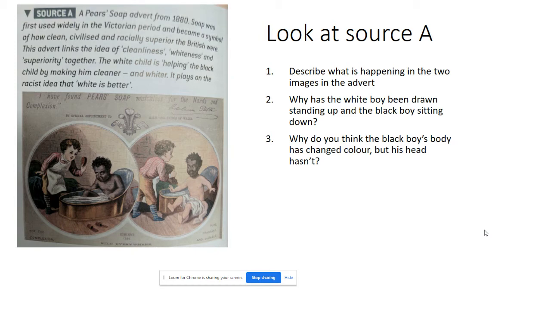Even your household products use the ideas of superiority, race superiority in them.